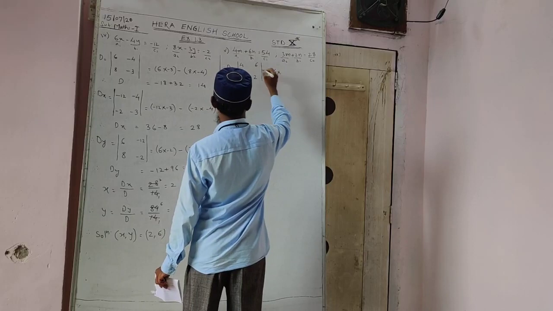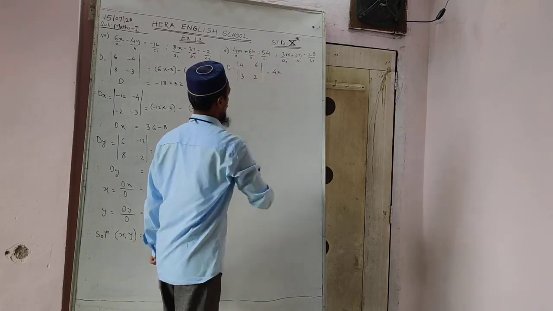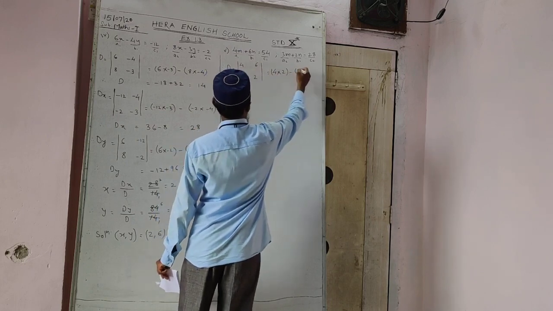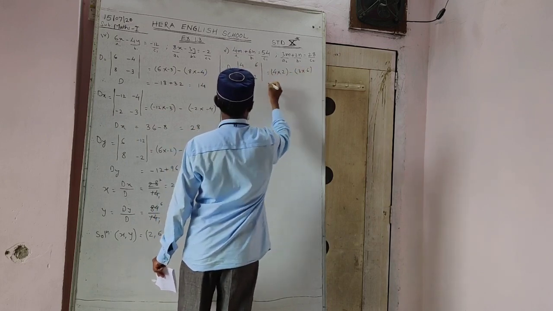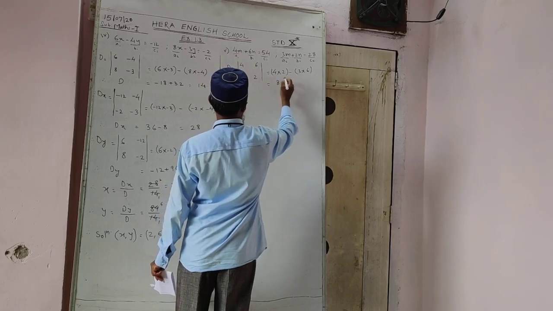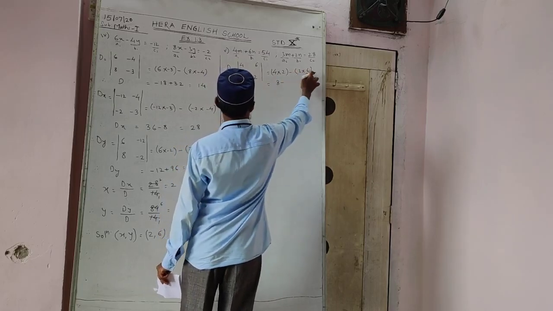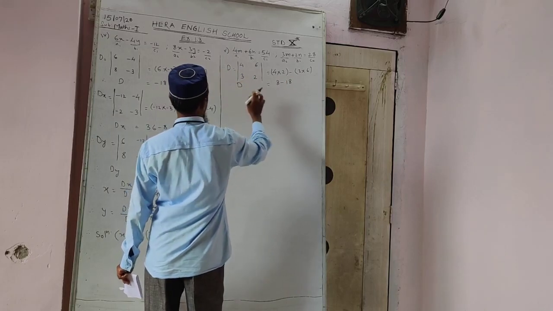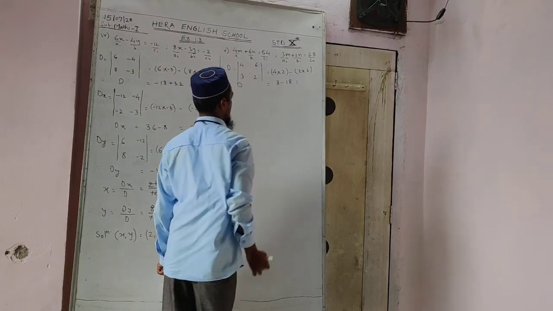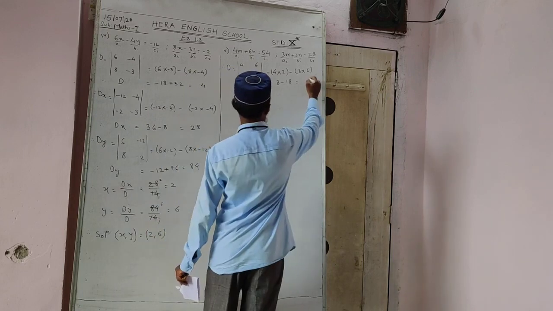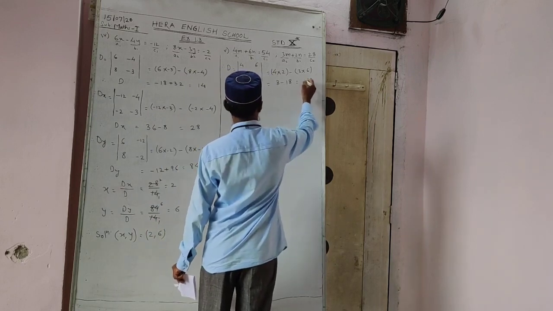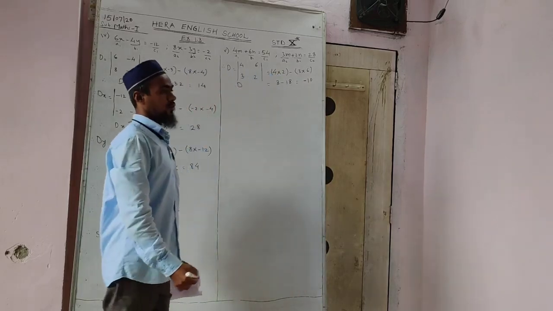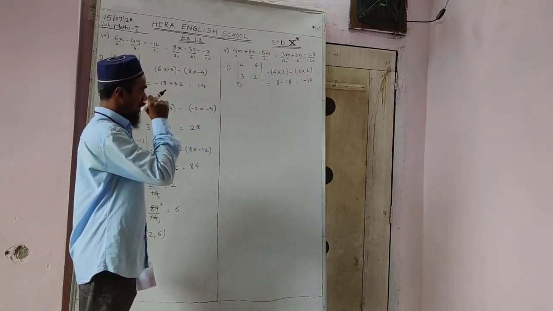Take the cross multiplication: 4 into 2 minus 3 into 6. 4 2s are 8, and minus 3 6s are 18. Plus minus minus, 18 minus 8, you will get 10. The greater number has the minus sign, so the answer will be minus. We got the value of d as minus 10.